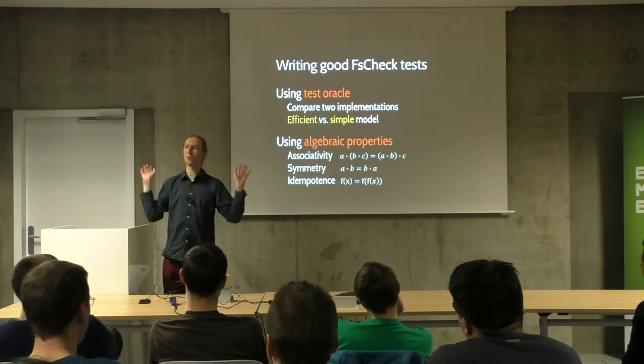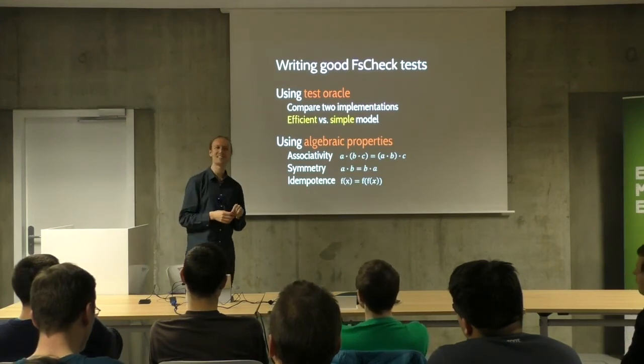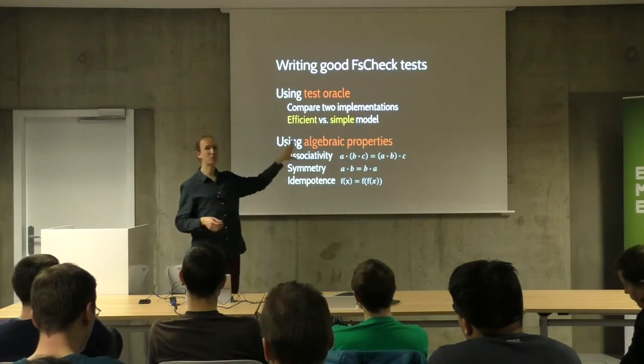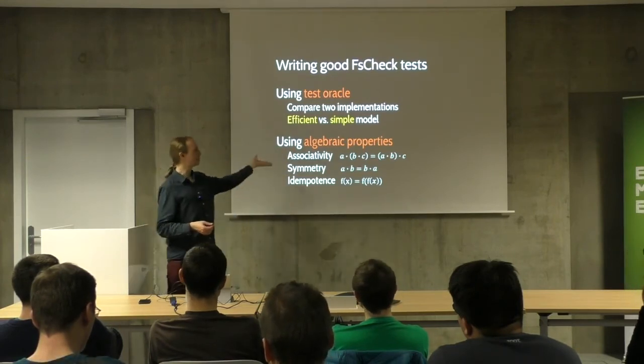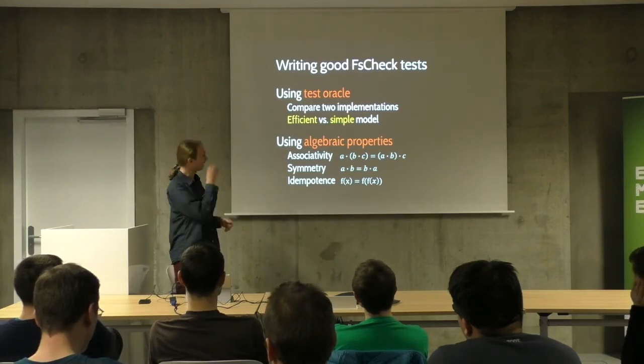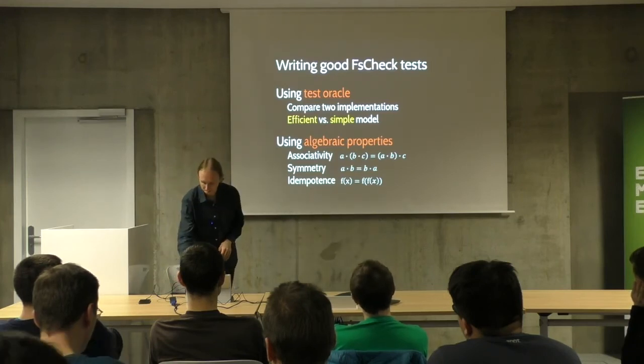And it was so much faster. And then we added FsCheck tests, and it behaved differently for NaNs, as one would expect. So that's one really good use case. The other is when you're writing something that has some mathematical logic behind it, because then you can often find some algebraic properties.